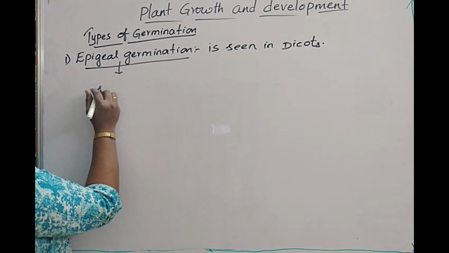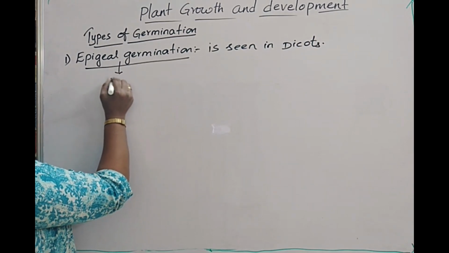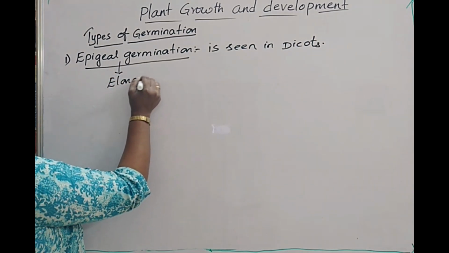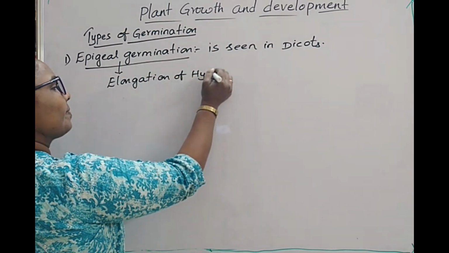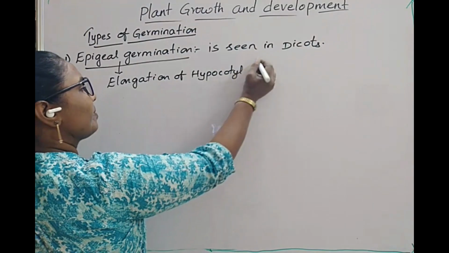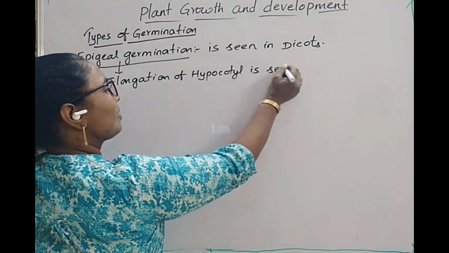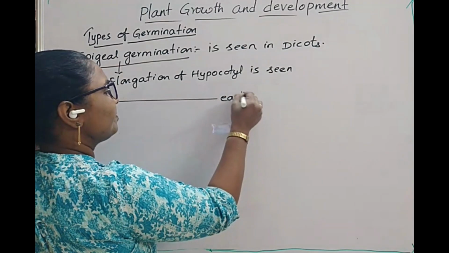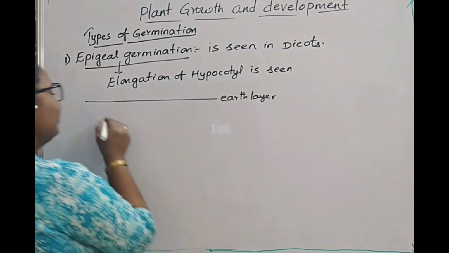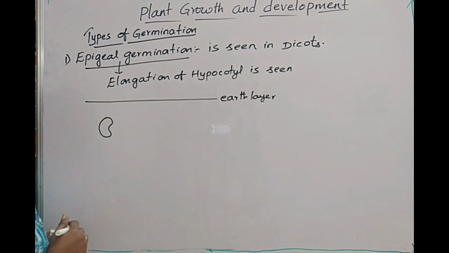Here, only hypocotyl elongation is seen. Suppose this is the earth layer and this is the seed.